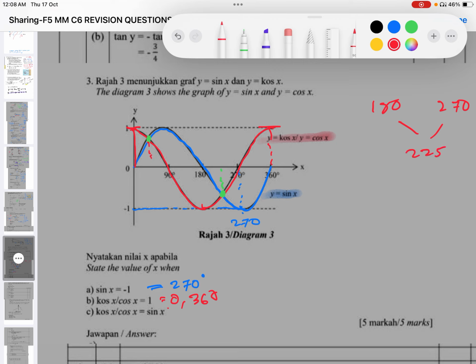Lepas tu dekat sini 90 bahagi 2, which is going to be 45. So sini adalah titik tengah. So 90 bahagi 2, which is 45. Okay, from here kalau tambah 180 tambah 45, kita akan dapat juga titik persilangan dia, which is going to be 45 and 225. Okay.